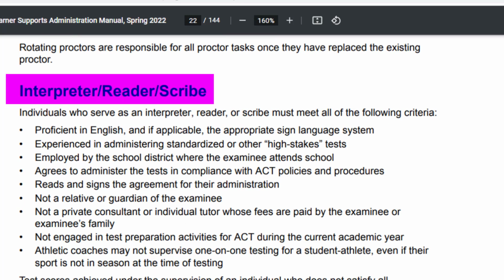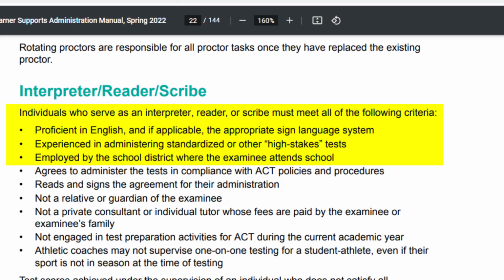Interpreter, reader, scribe. Individuals who serve as an interpreter, reader, or scribe must meet all of the following criteria. Proficient in English and, if applicable, the appropriate sign language system. Experience in administering standardized or other high-stake tests. Employed by the school district where the examinee attends school. Agrees to administer the test in compliance with ACT policies and procedures.